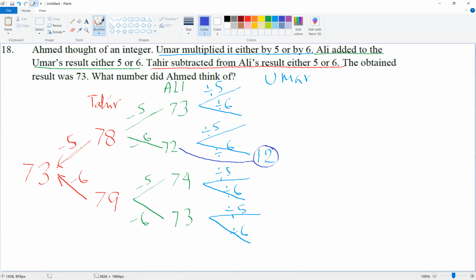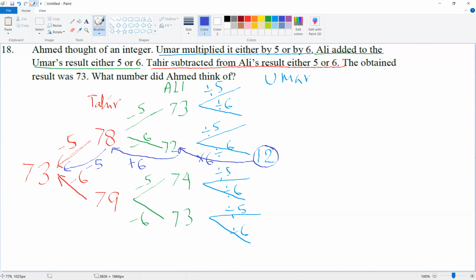He multiplied by 6 to get 72. Ali added 6 to get 78. And then Tahir subtracted 5 and got 73.